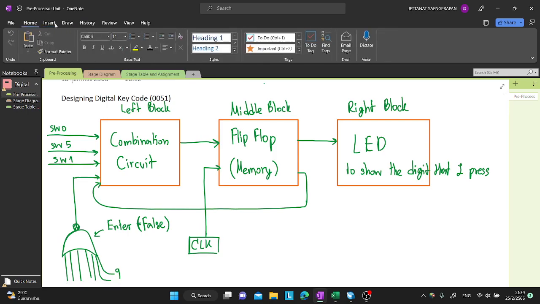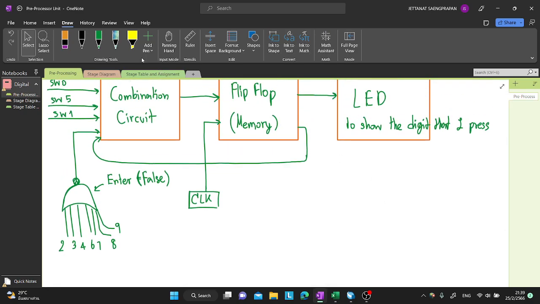I assign four LEDs: set 1, set 2, set 3, and set 4.